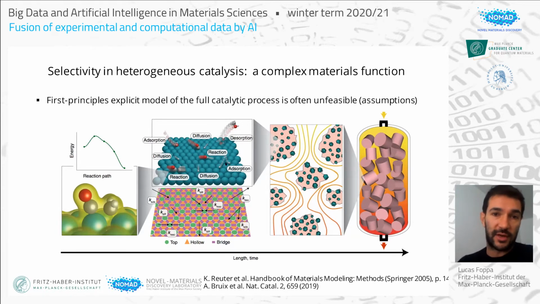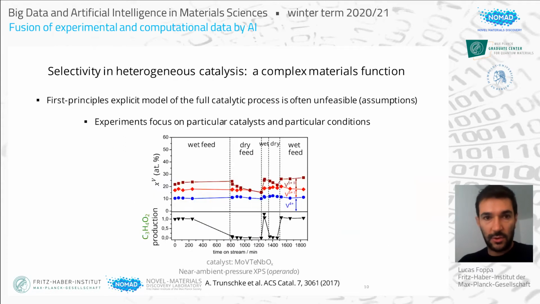And then starting from that, we can go to the higher length and time scales and try to model this whole thing. But so far, if you think about these reaction pathways, even evaluating the reaction networks at good accuracy is not trivial for first principles simulations. So what else can we do?